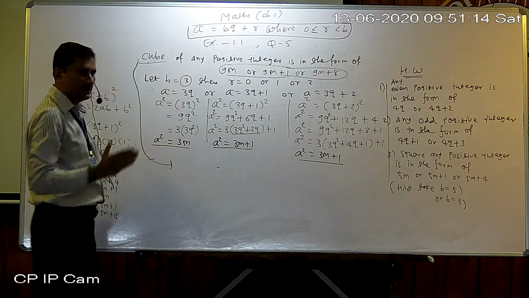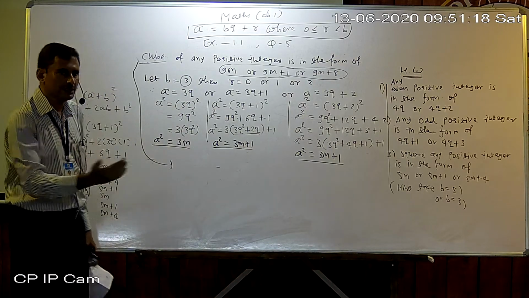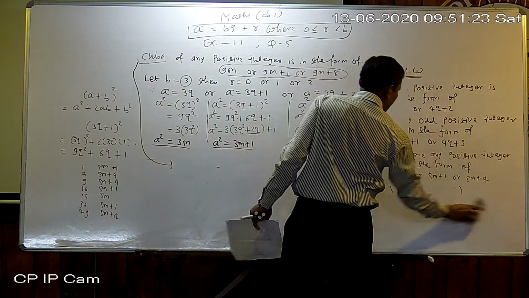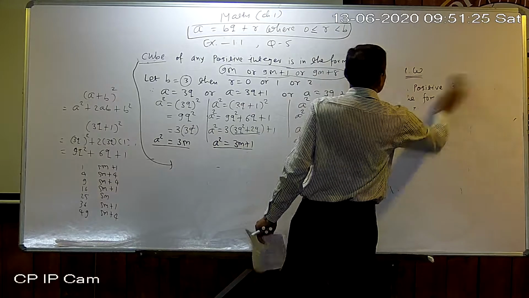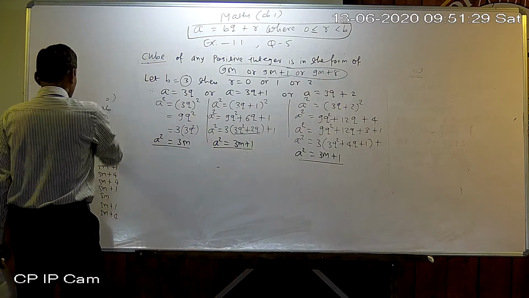I told you, whenever nothing is given there, mostly we can take the value of b as 3. So in the same way, just like question number 4, we are going to solve question number 5.